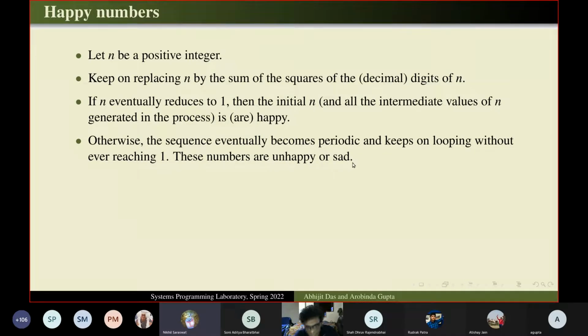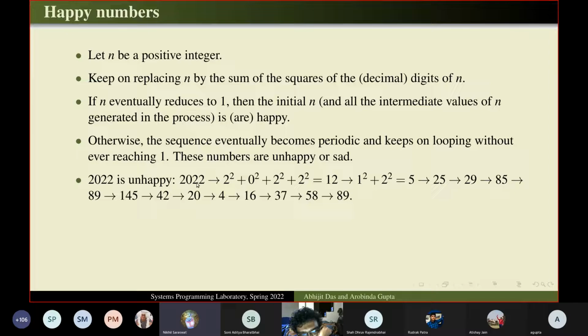Okay, so here is an example. Let's see 2022. Replace 2022 by 2 square plus 0 square plus 2 square plus 2 square, which happens to be 12. Again, this is replaced by 1 square plus 2 square, 5, 25. Then 2 square plus 5 square, 29, 85, 89, 145, 42. And you see that after these many iterations, 89 is repeated.